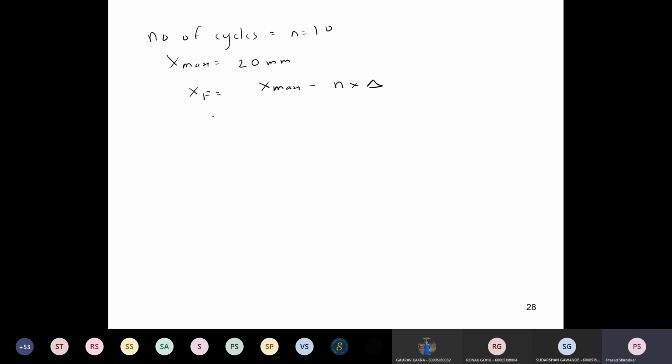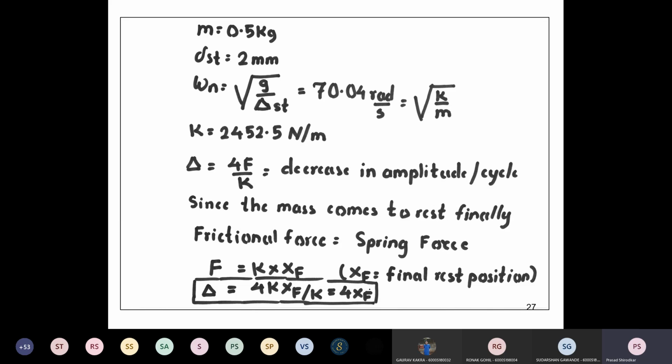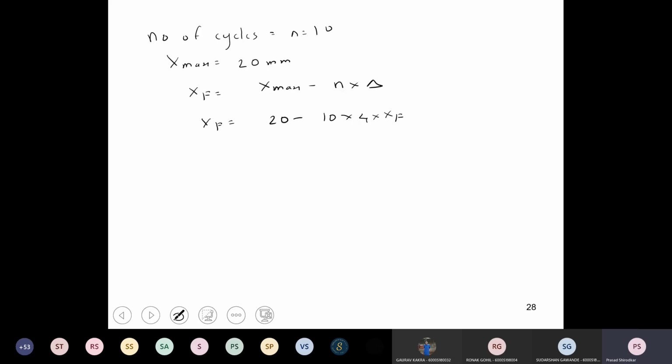So x final becomes 20 minus 10 into 4 times xf. That is what we found out in the earlier equation. So delta we have found out in terms of xf.